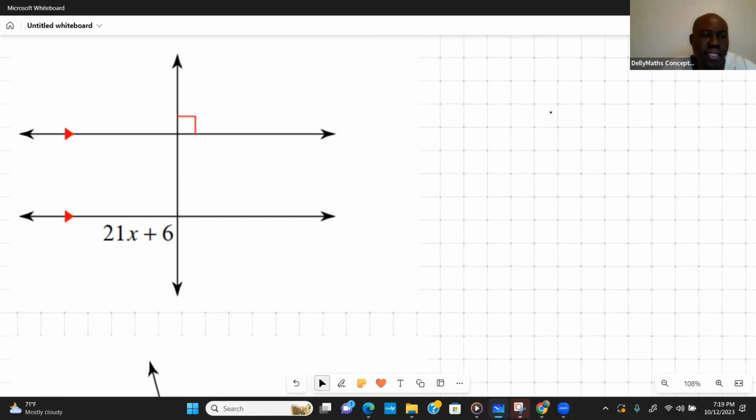Today, we're going to be using the parallel line and the transversal in order to solve the algebraic problems that we may encounter as we go along. So what we're going to do first is to take a look at this question right here for x.